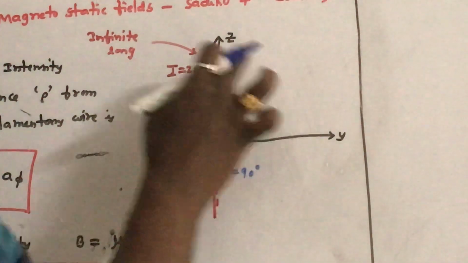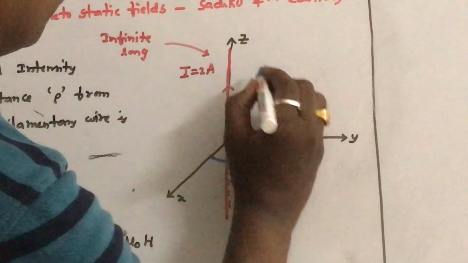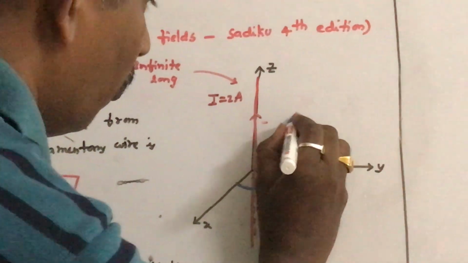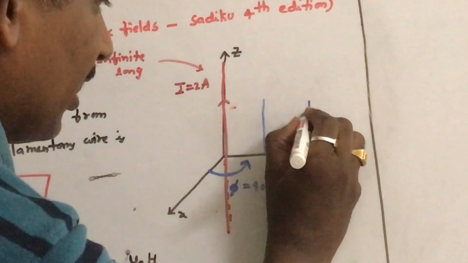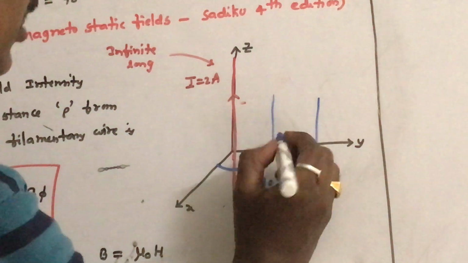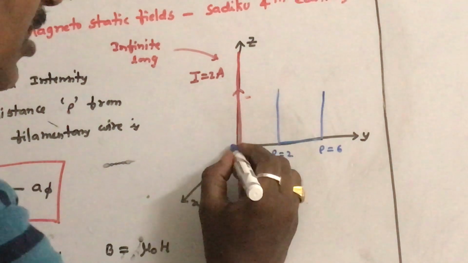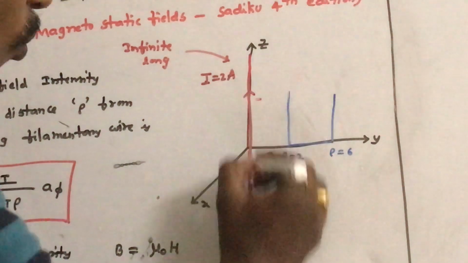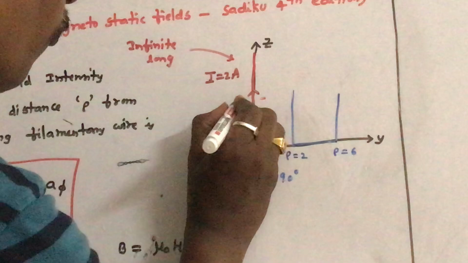In this plane, rho is varying from 2 to 6. So this is rho equal to 2, and this is rho equal to 6 from this wire, and z is varying from 0 to 4.